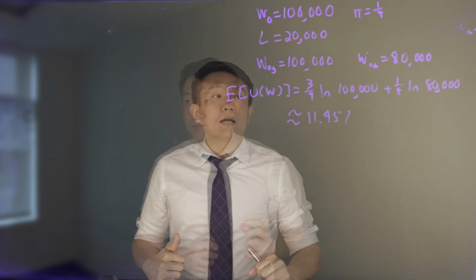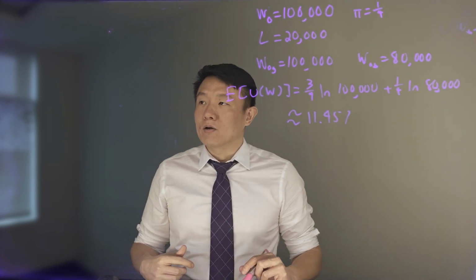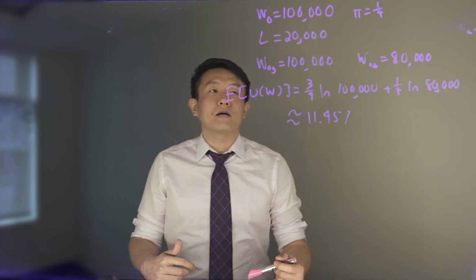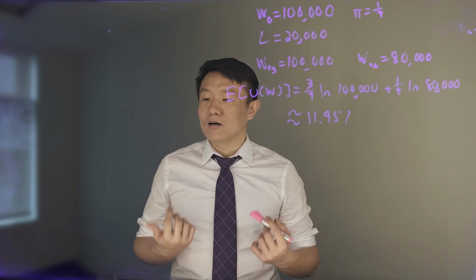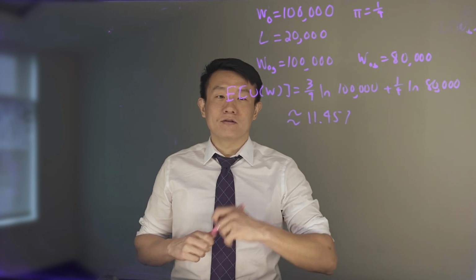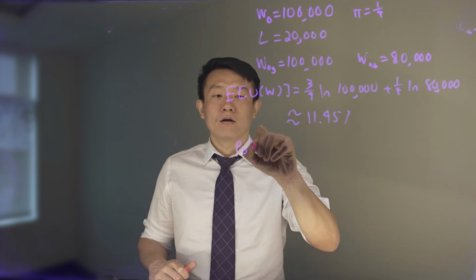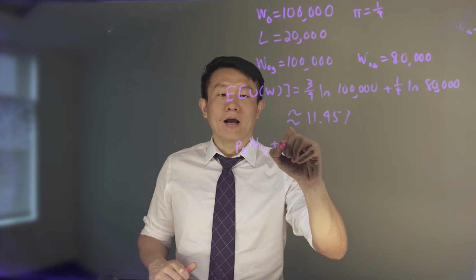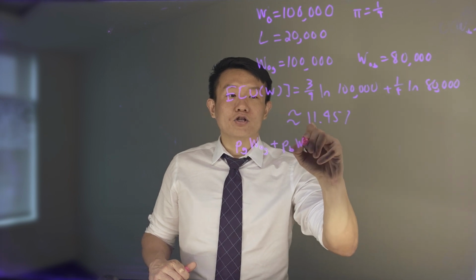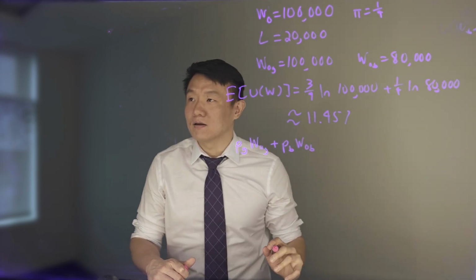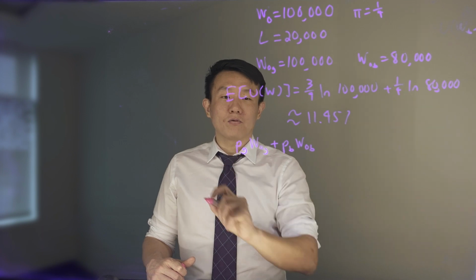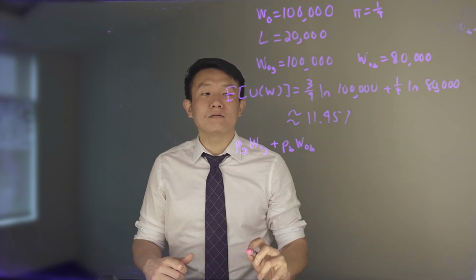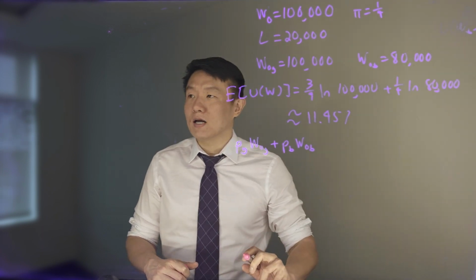the no insurance expected utility is 3/4 log of 100,000 plus 1/4 log of 80,000, or about 11.457. When we write the budget constraint, we can imagine that this individual holds 100,000 shares of the good asset and 80,000 shares of the bad asset, so that they begin with wealth equal to PG times 100,000 plus PB times 80,000.